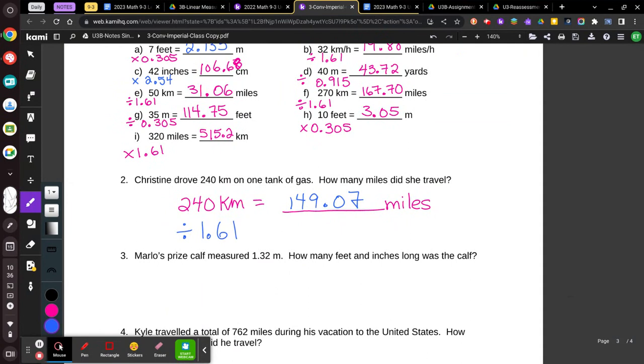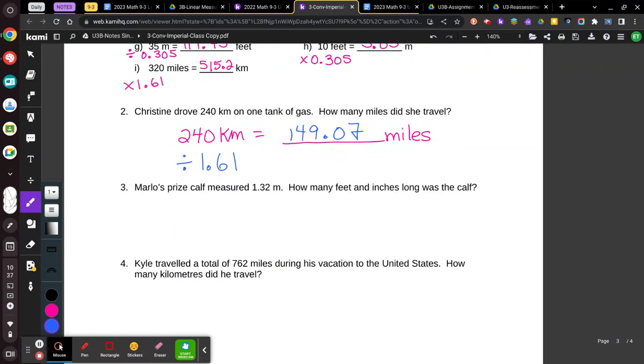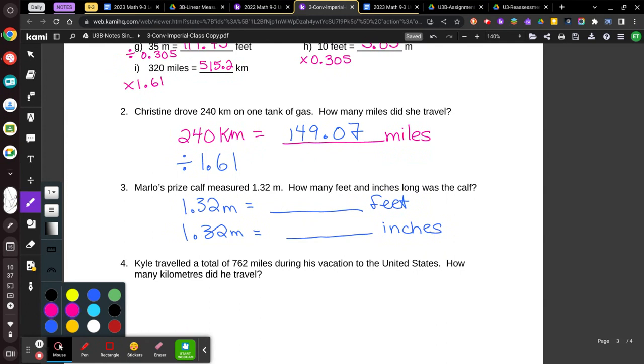Okay, the next question. Marlo's prize calf measured 1.32 meters. How many feet and inches? So we're going to figure out how big that calf was in feet and in inches.